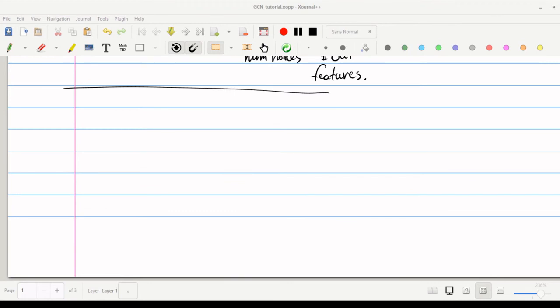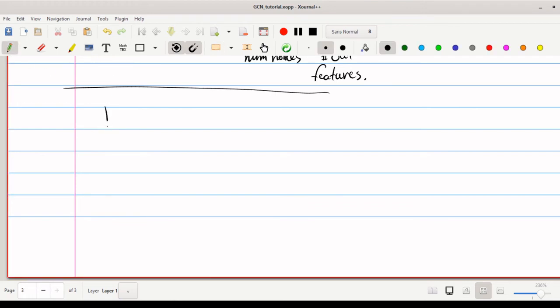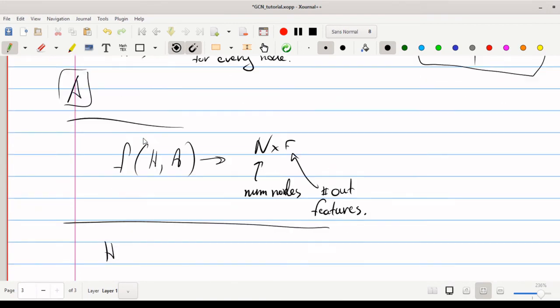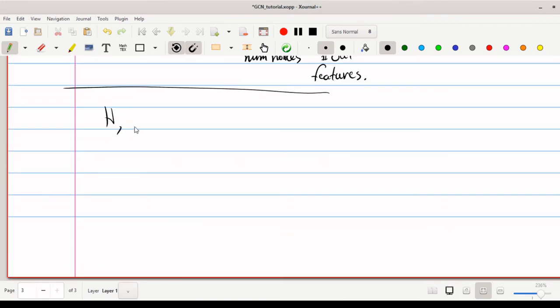Just to reiterate and make sure that we're on the same page, the problem can be formulated as follows. We have this matrix H of the features of different nodes. We have the matrix A, the adjacency structure that essentially describes the graph.